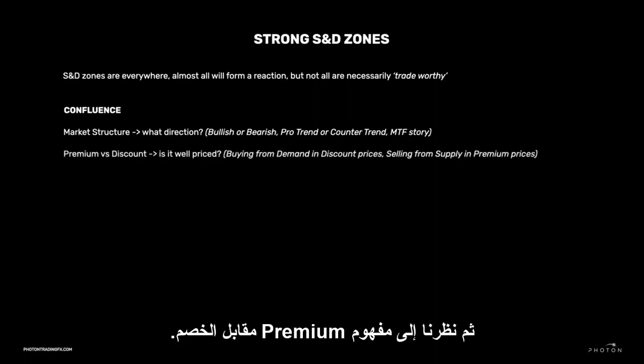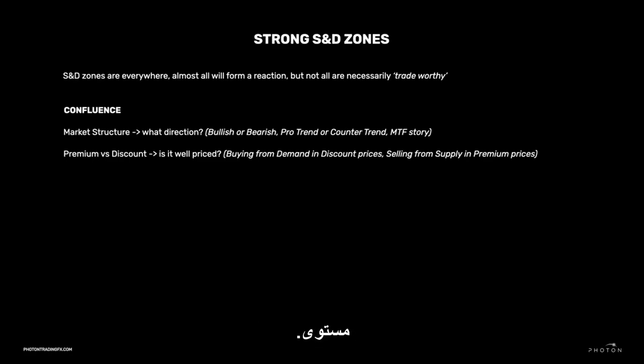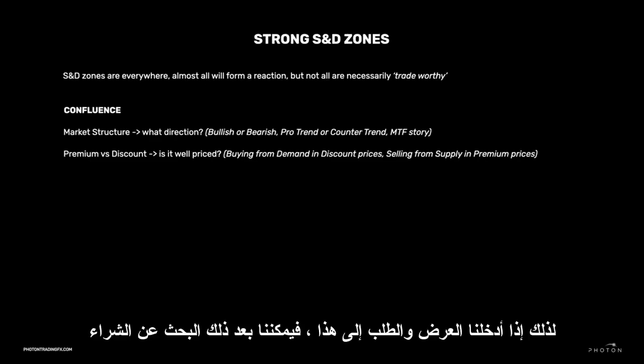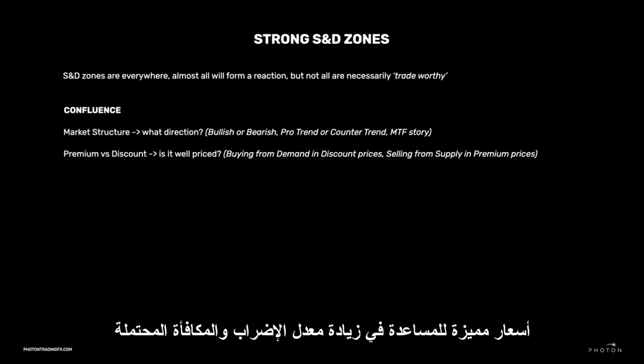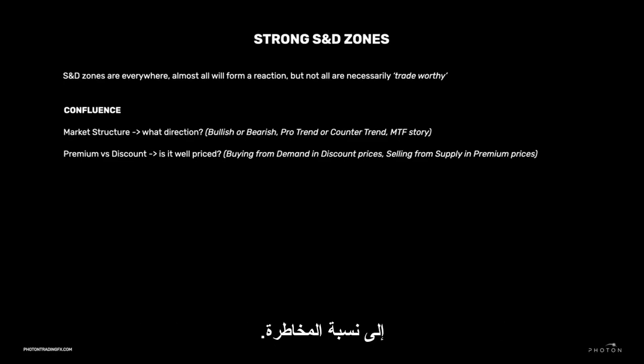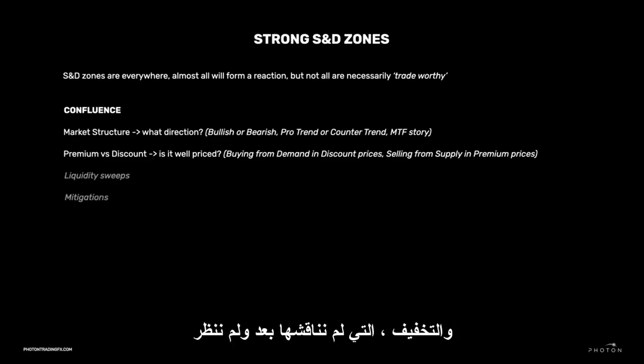We then looked at the concept of premium versus discount, essentially helping us to see if we are looking to trade at a level that is actually well priced. If we introduce supply and demand to this, we can then look to buy from demand zones at discount prices and sell from supply zones at premium prices to help increase our strike rate and potential reward to risk ratio. There are then some other very key concepts such as liquidity sweeps and mitigations, which we haven't looked at yet.